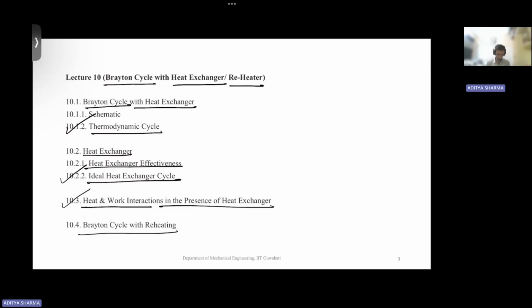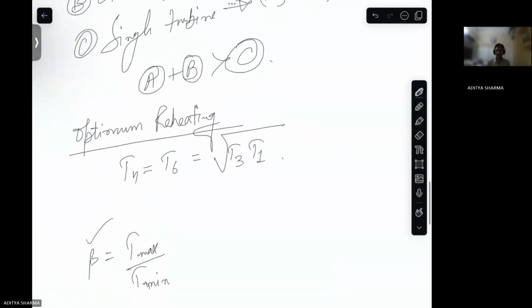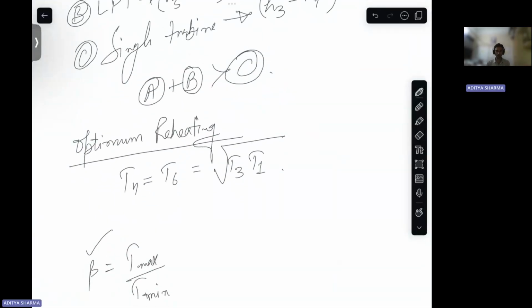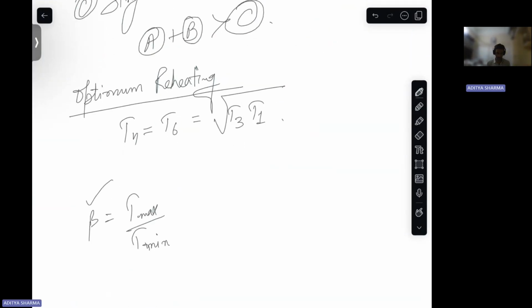Okay, so I was discussing reheating and reheater. So I have mentioned the optimum reheating condition. And then what I was telling is that with your beta, that is T max by T minimum in your Brayton cycle, how your thermal efficiency behaves, and how your specific work output behaves.